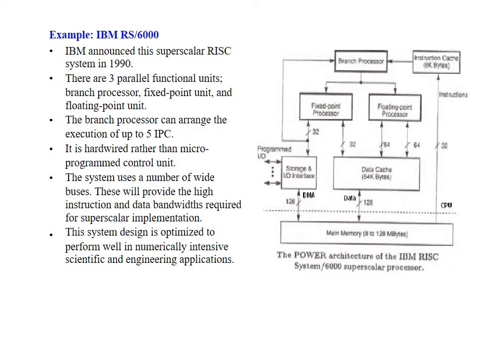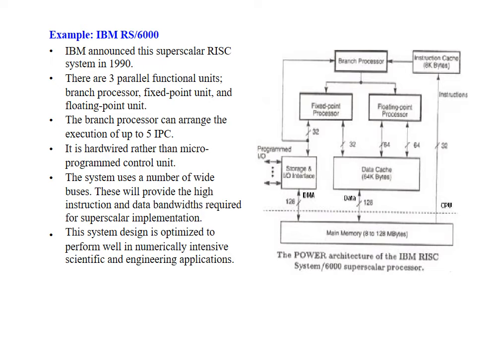There are 3 parallel functional units. The first is the branch processor, then the fixed point unit, and the floating point unit. The branch processor can arrange the execution of up to 5 IPC. It is hardwired rather than a microprogrammed control unit. This system uses a number of wide buses, which provide the high instruction and data bandwidth required for Superscalar implementation.